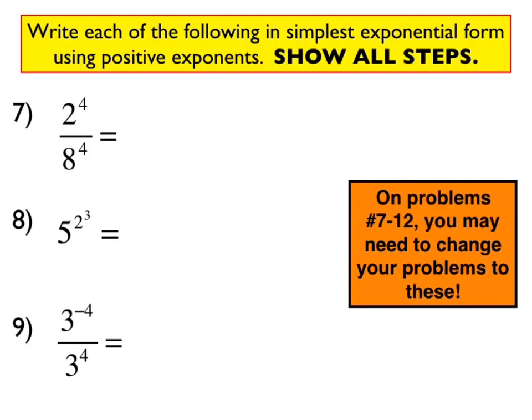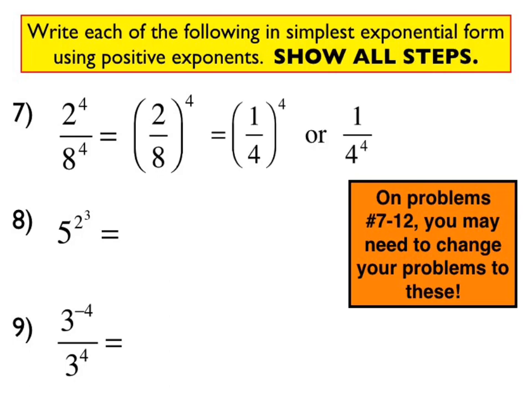So in 7 and 8, we're applying a couple of these new rules that we just learned. If the bases are different but the exponents are the same, we have one of those new rules. So we should think of it like this. 2 over 8 simplifies to 1/4. So you could either write it as 1/4 in parentheses to the 4th or 1 over 4 to the 4th. MyOpenMath would take either version there.